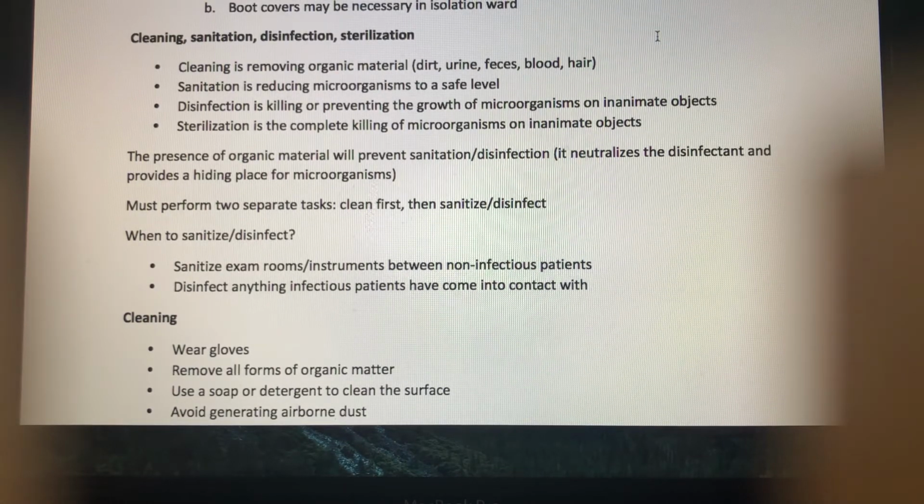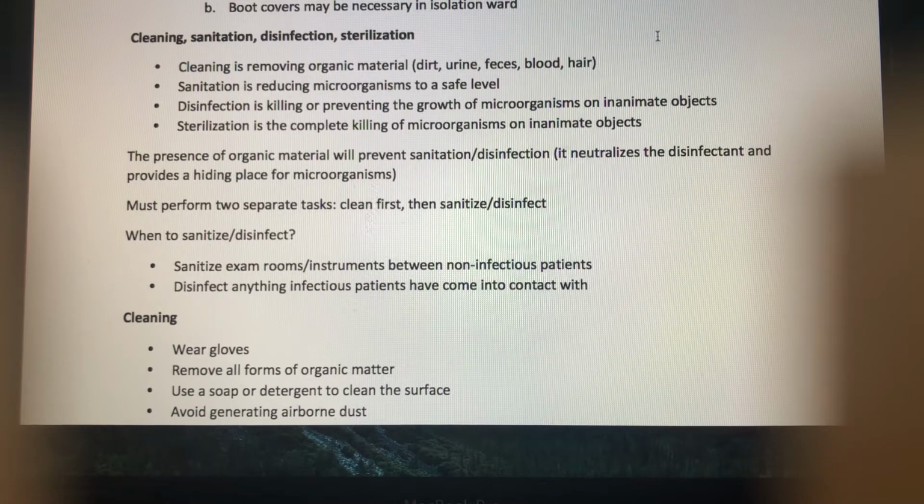So if you have a bucket of bleach water and there's dirt in it, that bleach very well might not be doing anything at all at that point, because it neutralizes it. Also, having organic material remaining behind provides a hiding place for microorganisms. So you leave a smear of poop in the kennel, there's going to be microorganisms in there. So we want to make sure we get rid of all the organic material first before sanitizing or disinfecting.